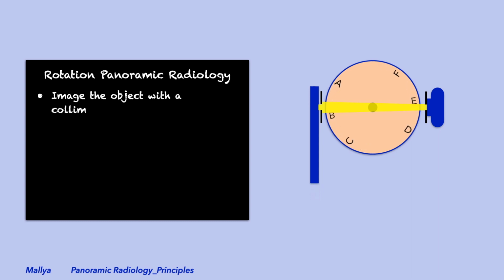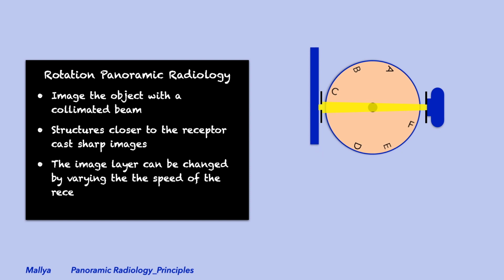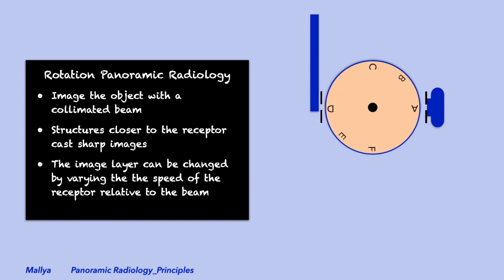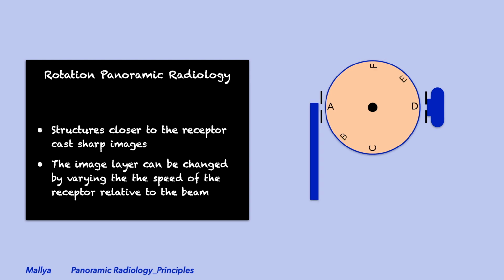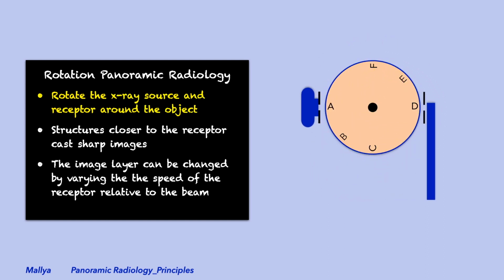So to accomplish panoramic imaging, we image the object with a collimated beam. Structures that are within the image layer will cast sharp images, and we can change the location of the image layer by varying the speed of the receptor relative to the beam. Note that the same objectives can be achieved by rotating the X-ray source and receptor around the stationary object.